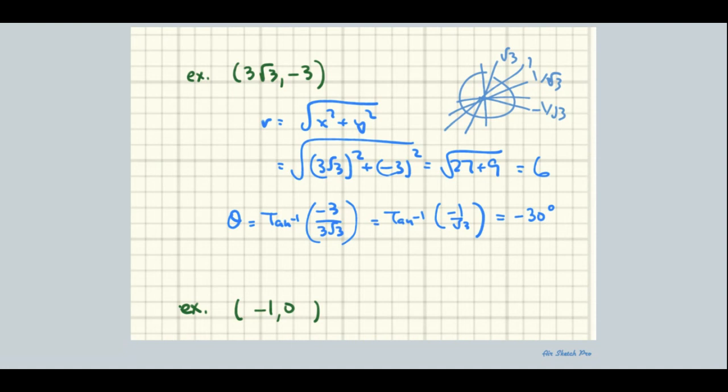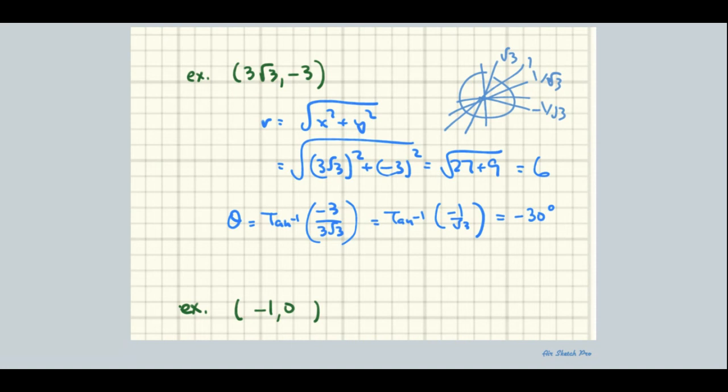But there's one thing I need to check before I do it, and that is to make sure that x was positive, so I'm in the first or fourth quadrant. Because if it was in the second or third quadrant, I have to add 180. There's a small slope and a big slope that you've got to worry about.